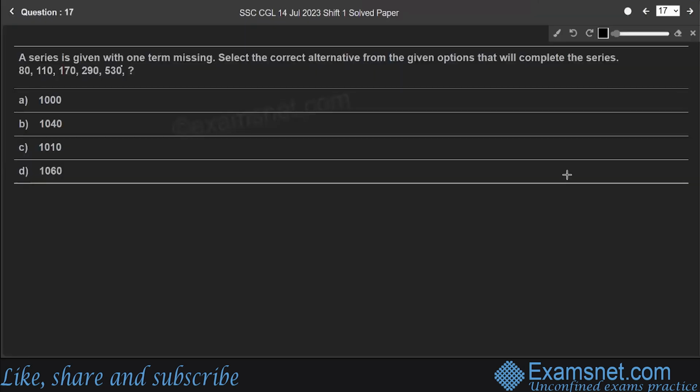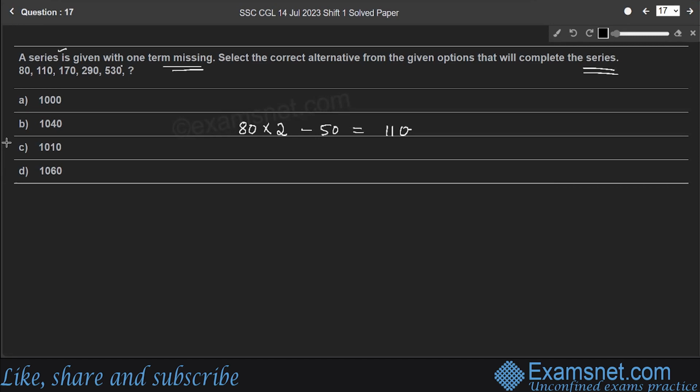Question 17. A series is given with one term missing. Select the correct alternative from the given options that will complete the series. In the given series, the first number is 80 and the second number is 110. Here, we'll multiply the first number by 2. 80 into 2 gives 160, 160 minus 50 gives the second number.